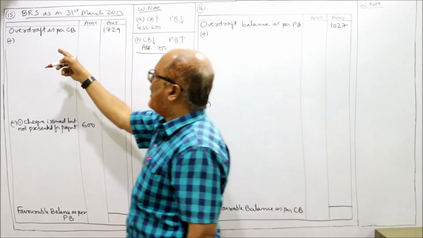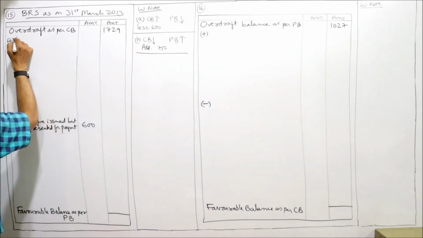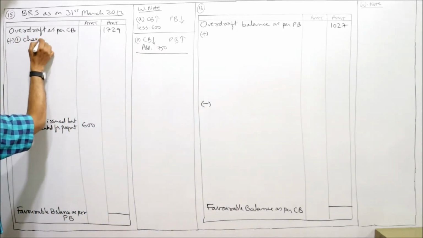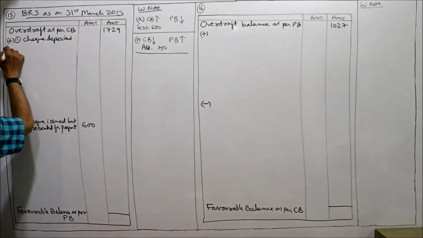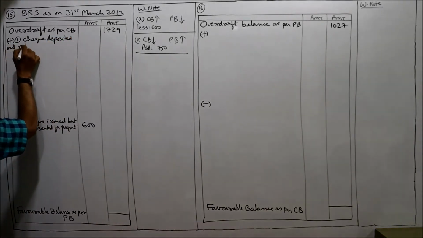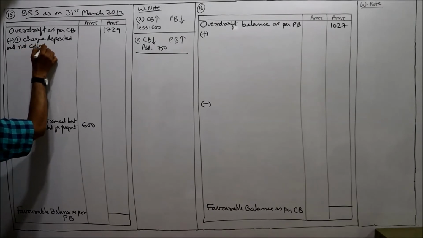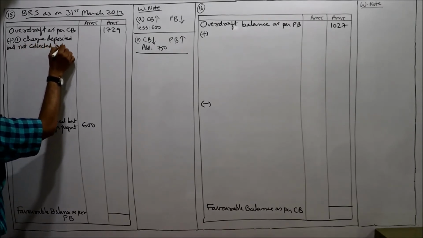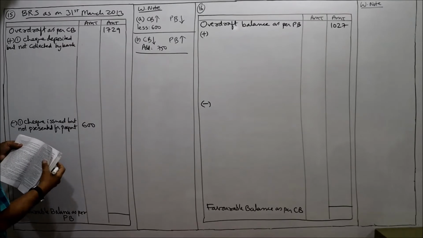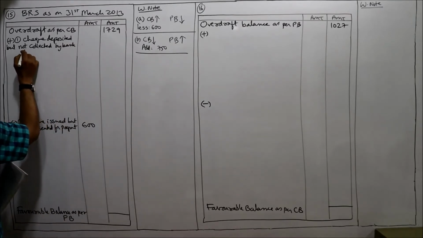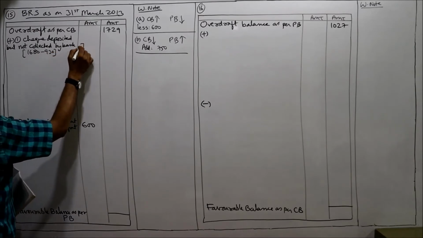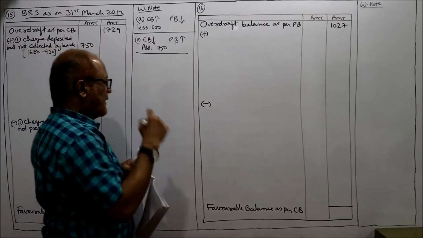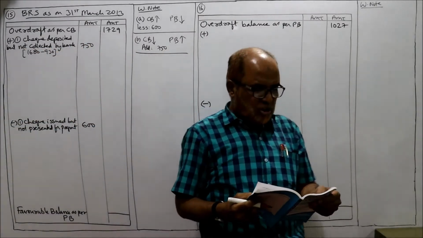So now the addition items: check deposited but not collected by bank. We can write 1680 minus 930, you will get 750. That's all. The first addition item is over.